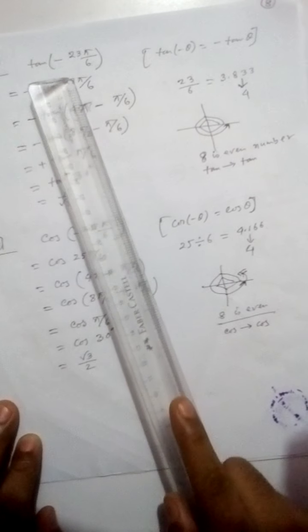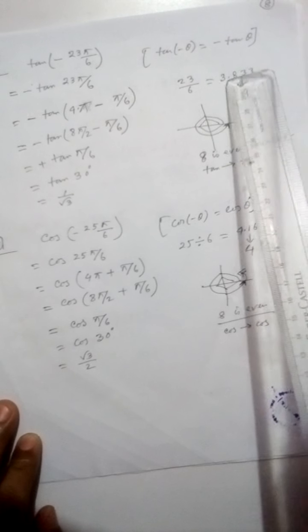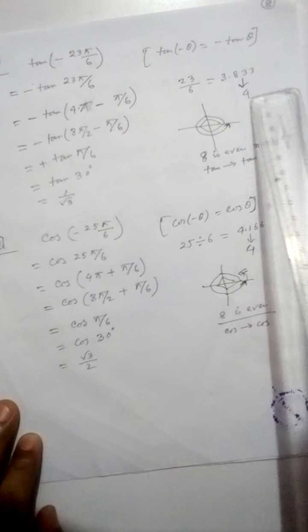The coefficient of pi by 6: we see that 23 divided by 6 equals 3.833, which is approximately 3.8, that means approximately 4.